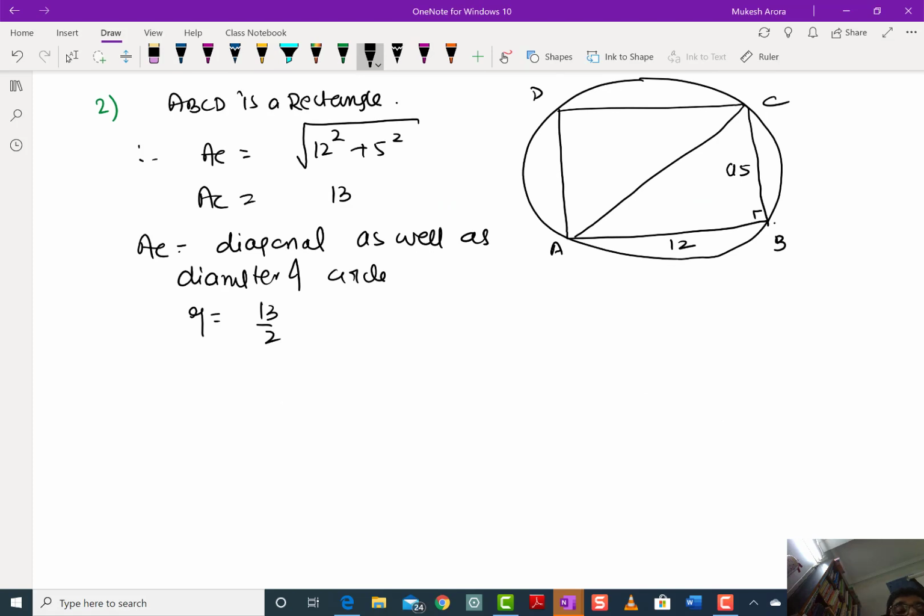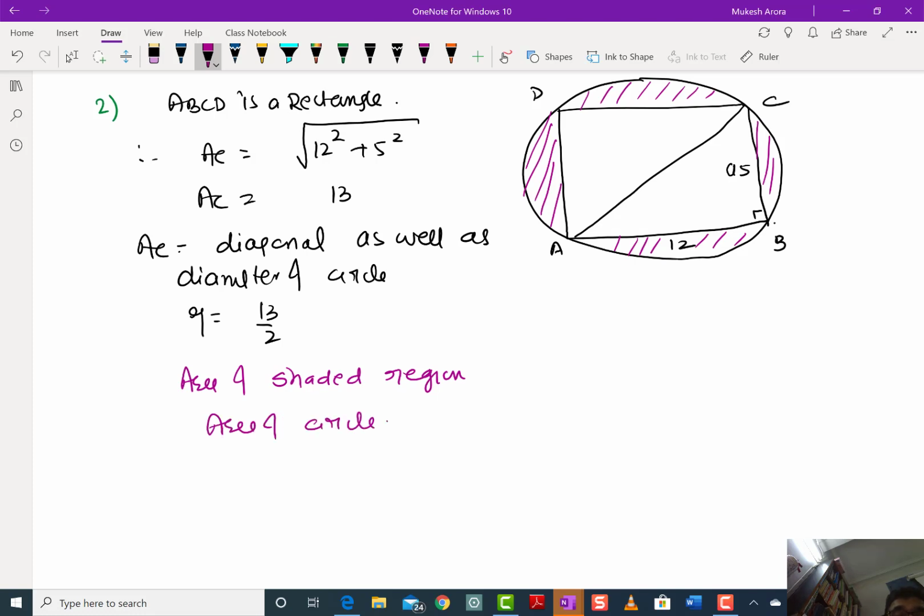We have to find the area of shaded region. Area of shaded region will be area of circle minus area of rectangle.